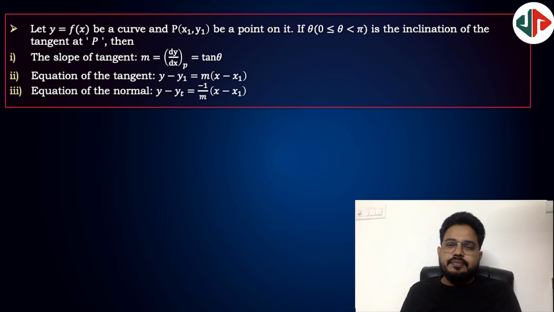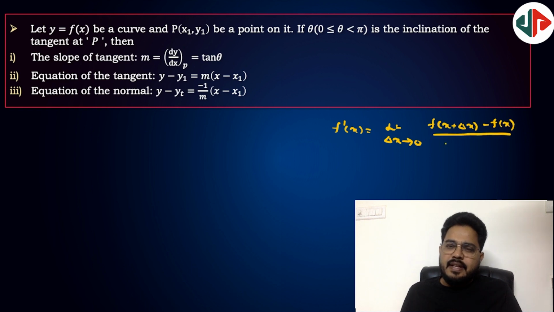See, first of all, what does the derivative give us? So f dash of x is simply limit delta x tending to 0, f of x plus delta x minus f of x, by (x plus delta x) minus x.